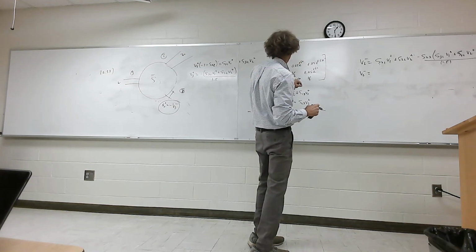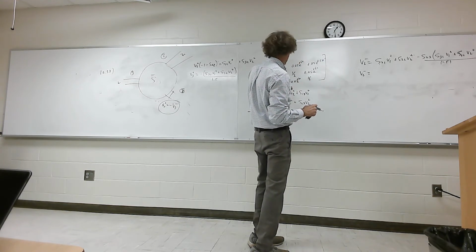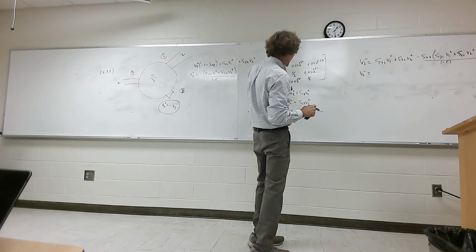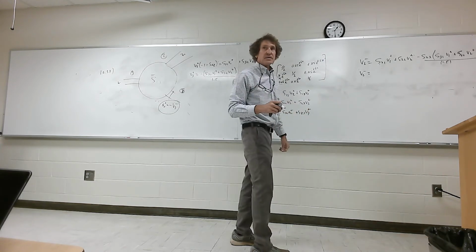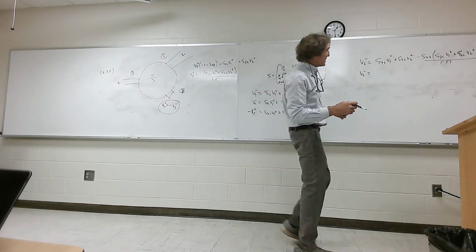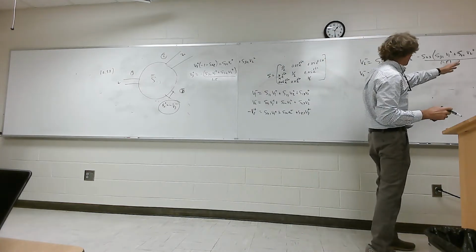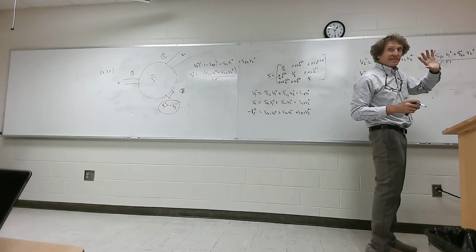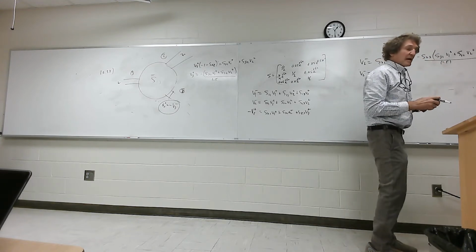S31. S23. Oh boy. I don't have a calculator in front of me, but I think there's going to be some cancellation here. I think all of the V2 plus goes away in this one. I can't see it though.